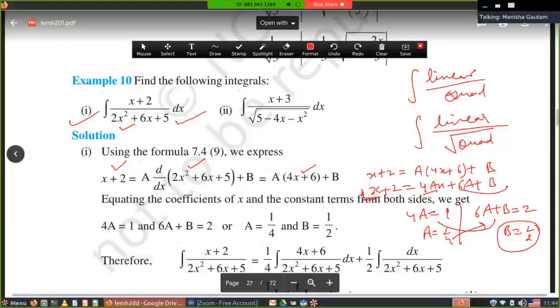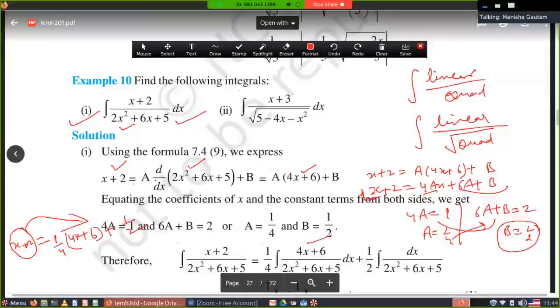Now the question is what? You can write x plus 2 is equal to a times the derivative, a meaning 1 by 4, times (4x plus 6) plus b, which is 1 by 2. It means x plus 2 can be replaced by this statement: 1 by 4 times (4x plus 6) plus 1 by 2.